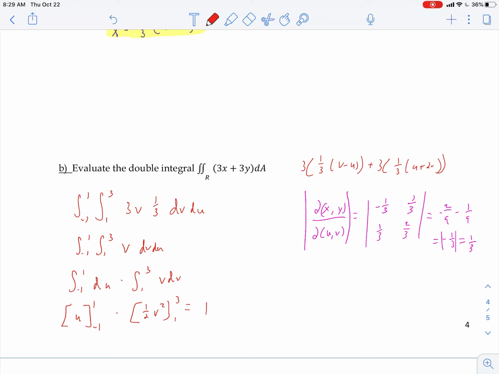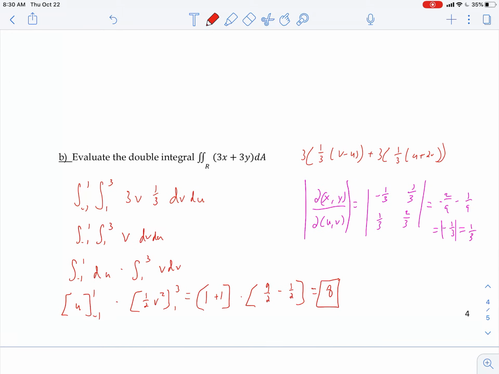And so doing that, we're going to get 1 plus 1, which is 2 for the first, and then for the second, we're going to get 3 squared, so 9/2, minus 1 squared over 2, so 1/2. So that's going to give us 9 minus 1 is 8, so 4 times 2, which is just 8. And there we go for a double integral.